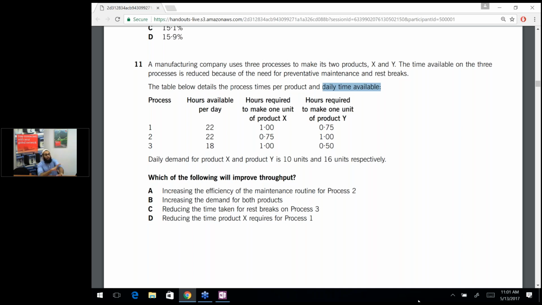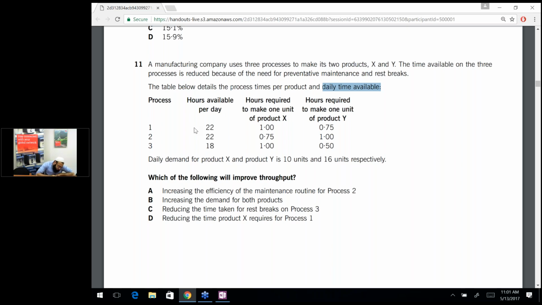This is something I was talking about. In fact, to be very frank, there are different questions in which different ways can be applied to find out the limiting factor depending on the information provided in the question. So whatever type of information is provided, you have to use according to that. Right now, I can find out which is the limiting factor.